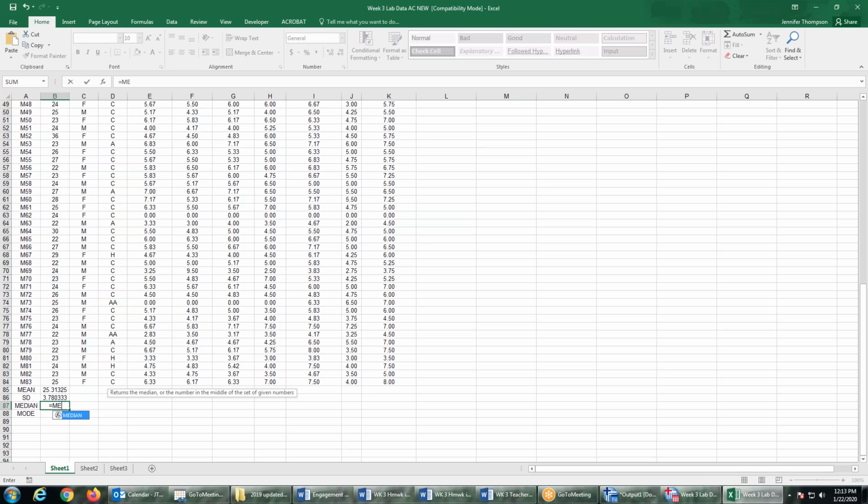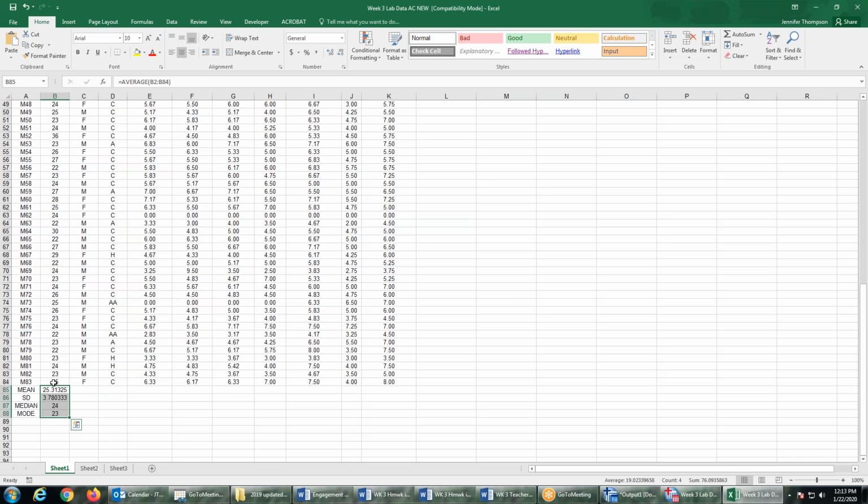Median equals median, B2 to B84. And equals mode, B2 to B84.